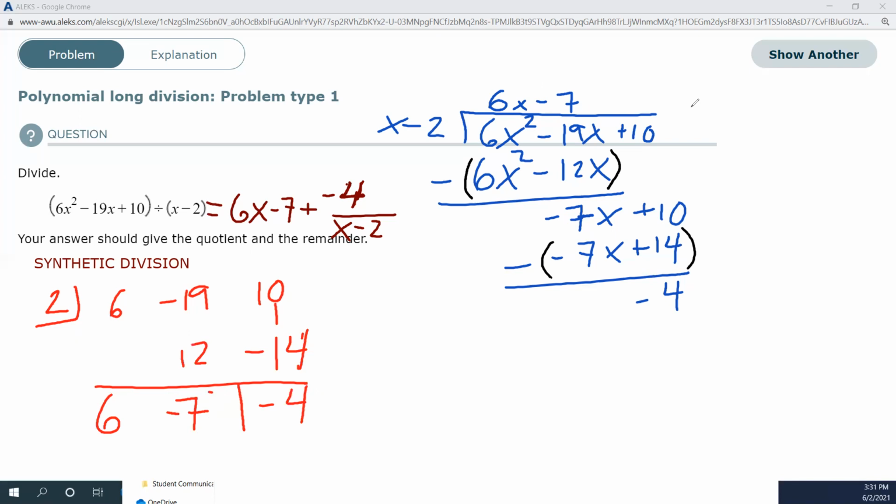Well, working from right to left, the one on the right doesn't get an x. The next one, he gets an x. If there was another number there, maybe a 2, he'd get an x squared. If there was another number, he'd get an x cubed, and so on. So 6x minus 7 is my quotient with a remainder of -4. That's how synthetic division is done.